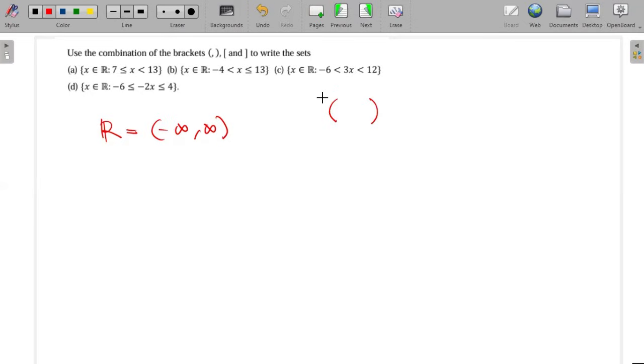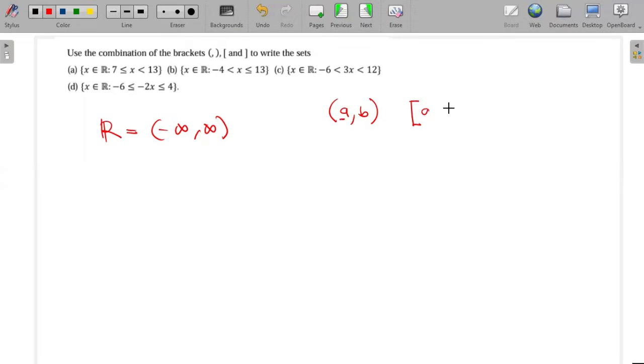The open bracket means that, let's say there's A and there's B, the element A is not part of your set. So this parenthesis represents an open interval. This element A is not part of the set, and the same way, B would mean it's not part of the set.